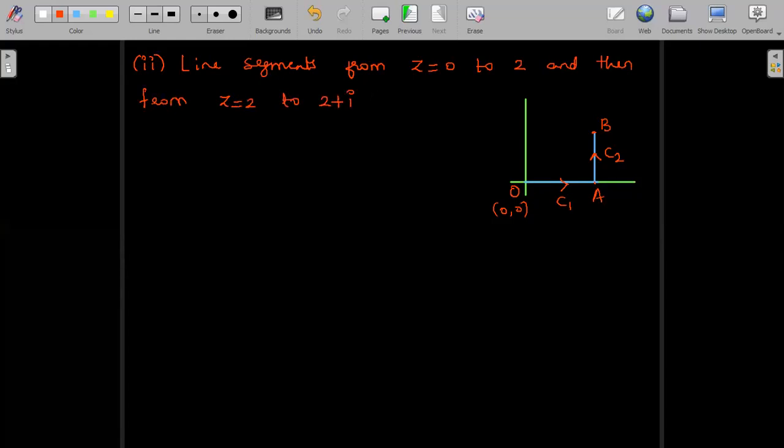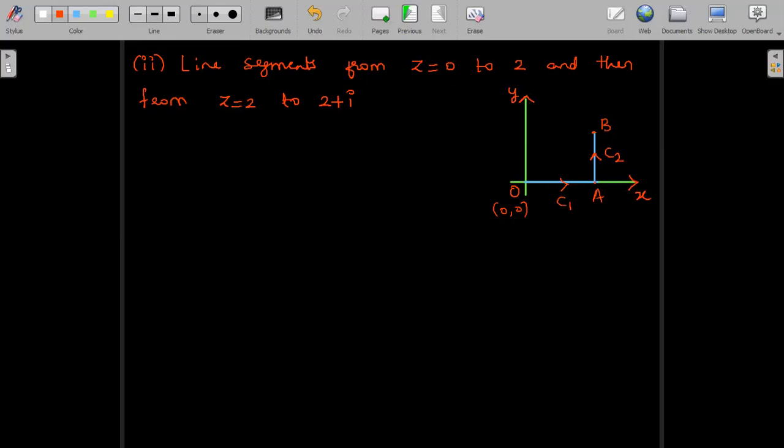So there are two line segments. That is the reason I have drawn the figure for you. In these two line segments, along C1 and along C2, we have to work out and add them up. Means the integrals should be added: integral along C1 plus integral along C2. We need to add up.